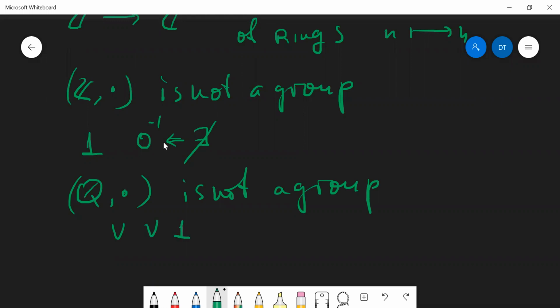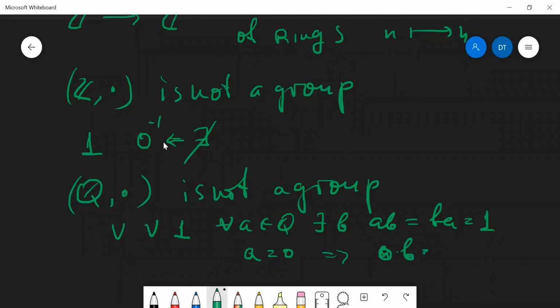Yes, it has the identity. And now you want every element of Q to have an inverse element, like there must be B such that AB equals BA equals 1. But if you take A to be 0, you're seeking an element B such that 0 times B equals B times 0 equals 1. That's impossible because the left-hand side is 0. Yep, I see. So it never works.